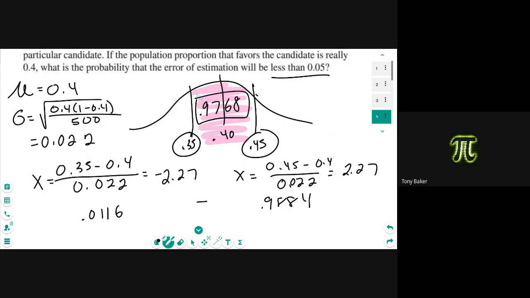All right. So what that means is we have a 97.68% chance that it'd be between 0.35 and 0.45. So we have a 97% chance that we're within plus or minus 5% of the actual probability in that situation, which is good.